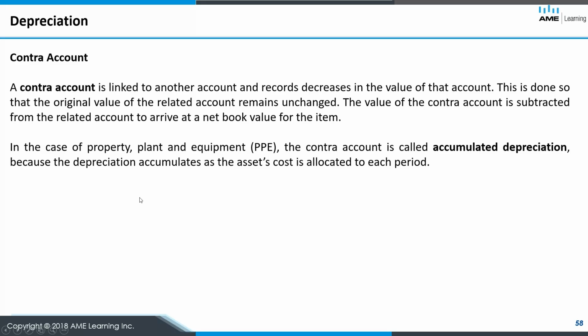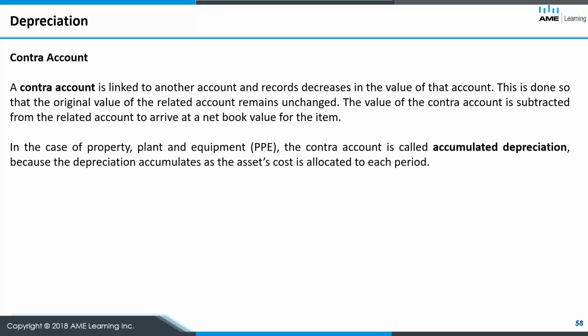And as I mentioned, this account that we're using called accumulated depreciation reflects all of the depreciation expense to date, at a given point in time. And that account, accumulated depreciation, is a new type of account that we haven't seen yet, I don't believe, in our course.